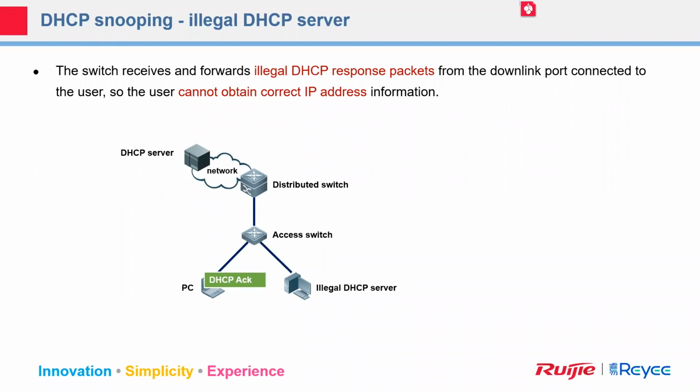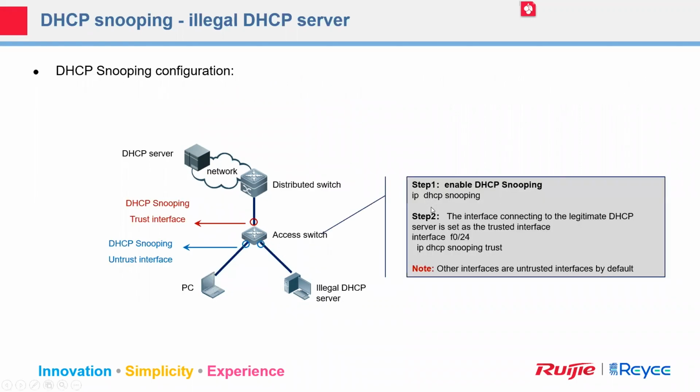But the PC cannot reach the internet, right? Because the illegal one gives you the wrong information. So how do we solve this problem? Someone says, let the PC know what is legal and what is illegal. But it is very difficult, because the PC has the same process: I only choose the fast one. So how do we solve this problem?